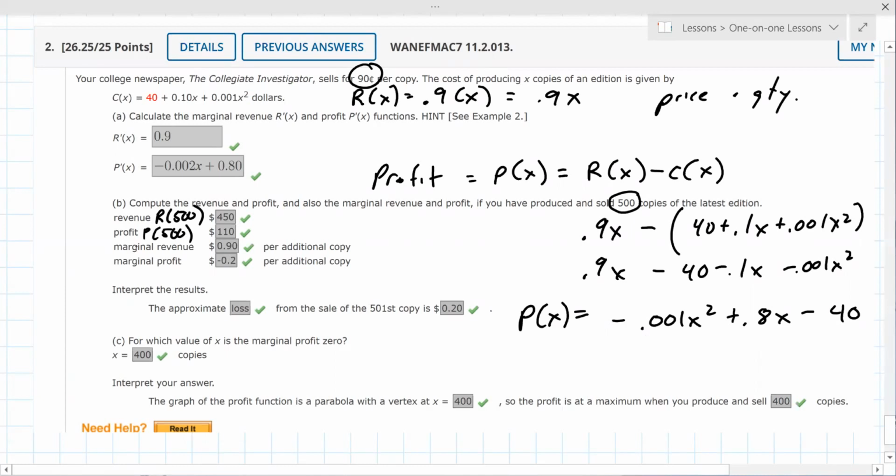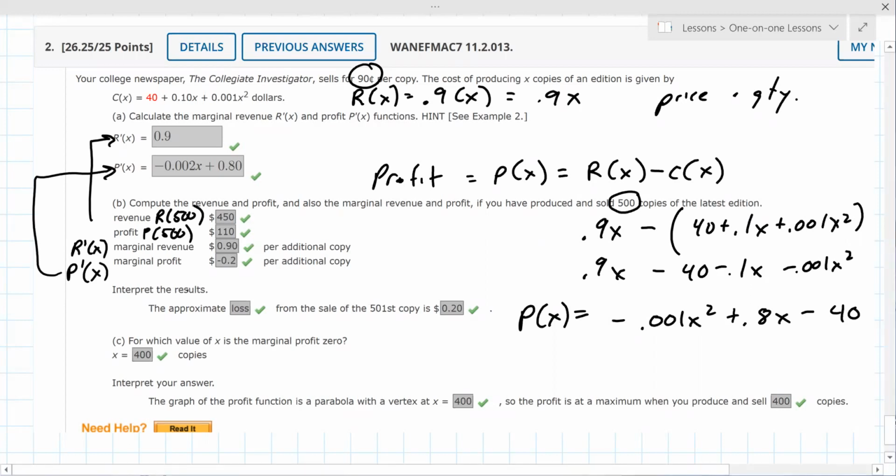Marginal revenue is r prime of x. And you can't get r prime of x. Well, you have it up here, but you had to find r of x, then find its derivative. Marginal profit p prime of x, that's here in this box, but it comes from knowing the profit function and taking its derivative.